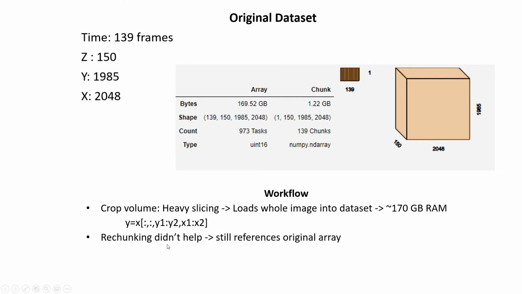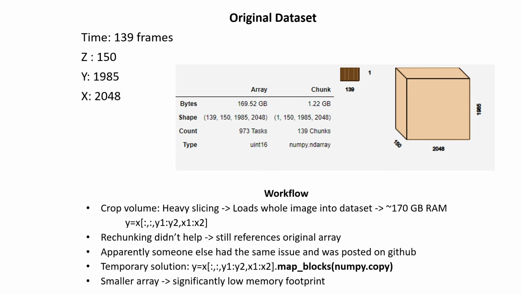So I tried rechunking into smaller sizes, and it still was consuming a lot of memory. So I looked it up on GitHub. I Googled it pretty much, and I came across the same issue on GitHub where someone used a different data set and had a similar issue.